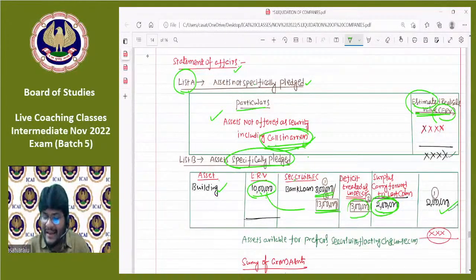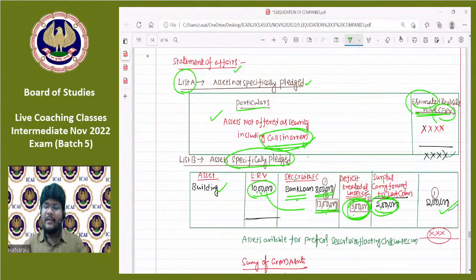Then you can rank such deficit as an unsecured creditor, because you know already out of this 13 lakhs, you are able to repay 10 lakhs out of the realization through the building. What about the remaining 3 lakhs of the bank loan? You can treat it as an unsecured creditor. That's why the deficit is treated as unsecured creditor.